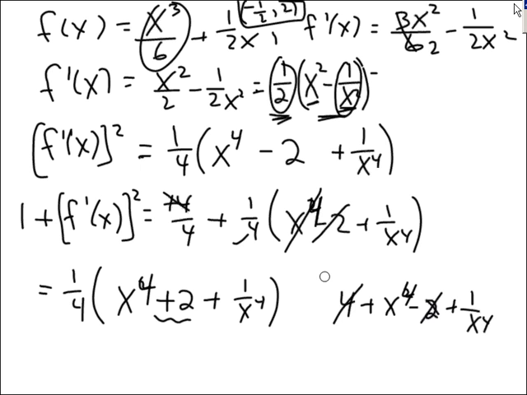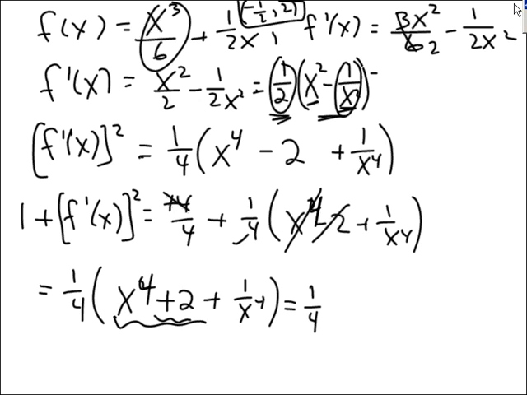Okay. Now, the nice thing about whenever these problems are going to work out, 1 plus the derivative squared itself must be a perfect square. Or at least the quarter doesn't have to be a perfect square. This would have to be. And you know what it is?